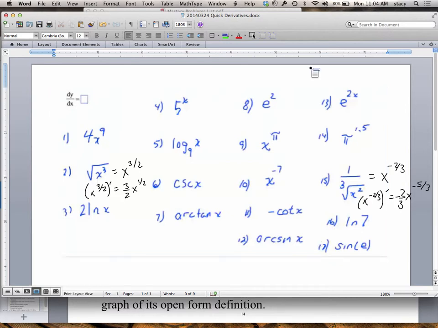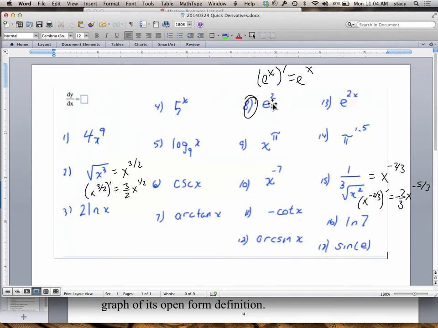Other things to draw your attention to. Number 8, I saw some people trying to apply the rule that the rate of change of e to the x is e to the x to number 8. So there's a problem here because this e to the x is a function of x, right?